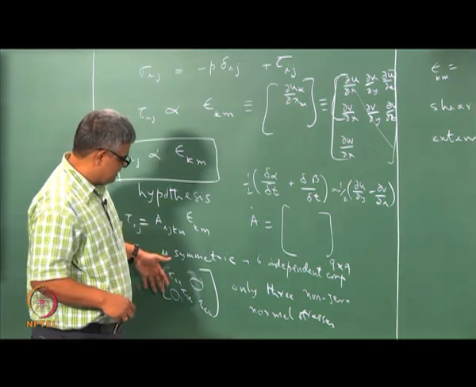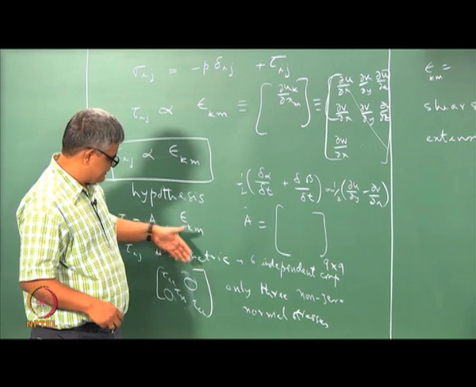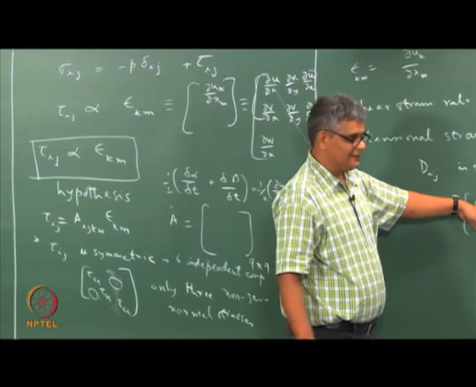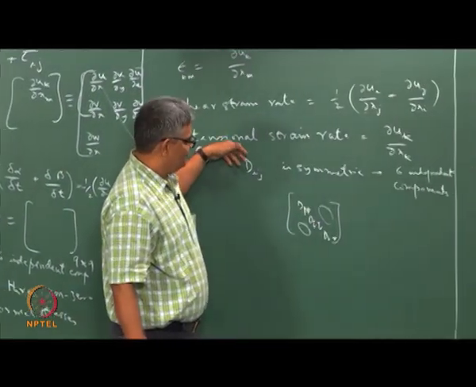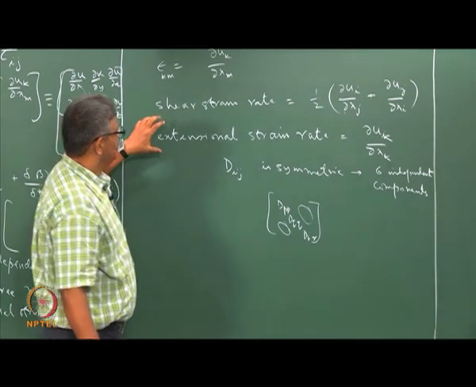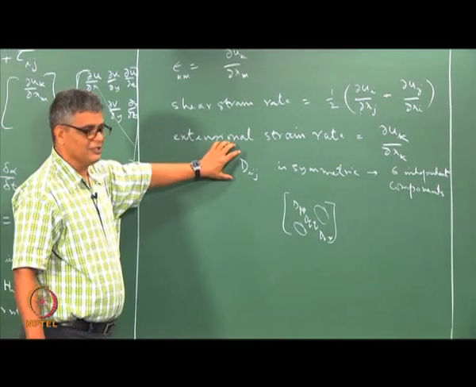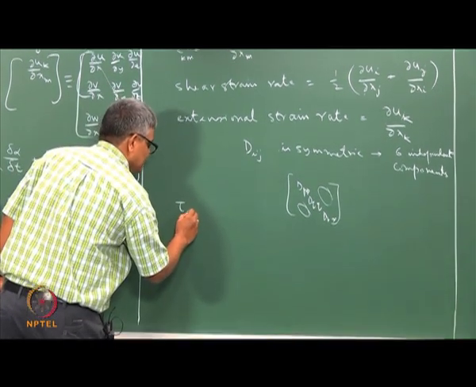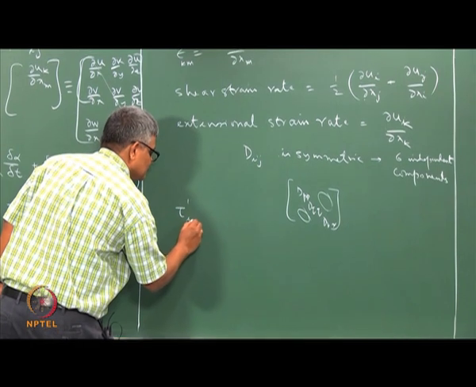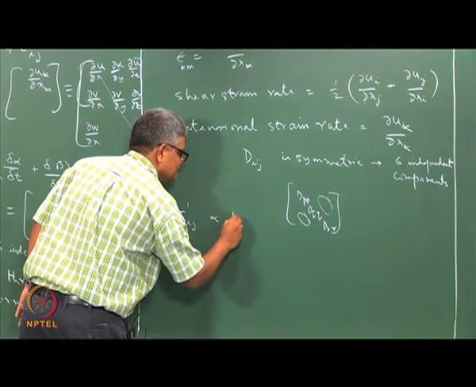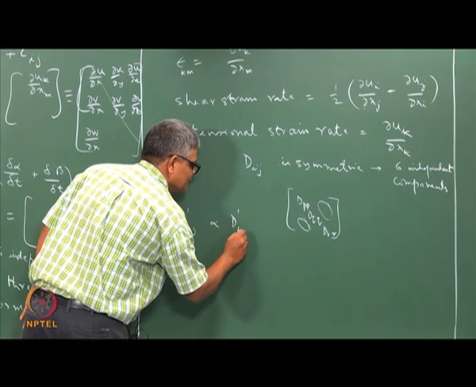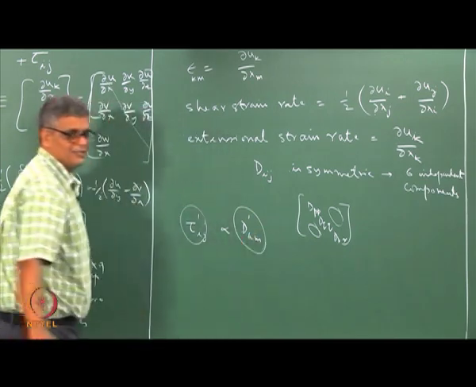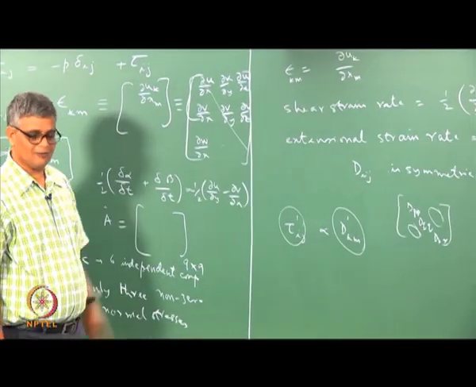So, this means that now we have a set of coordinate axes in which we have only 3 stress components, and another set of coordinate axes in which only 3 non-zero components of the strain rate deformation rate tensor, and we would like to have a relation between this tau ij versus d prime km, where these are these specially rotated operations here.